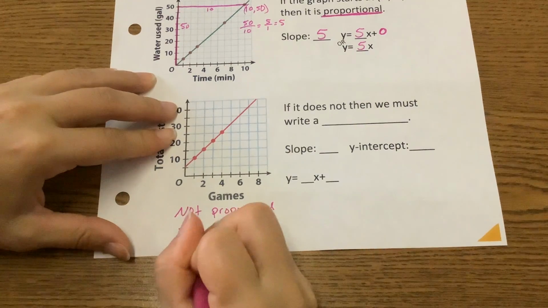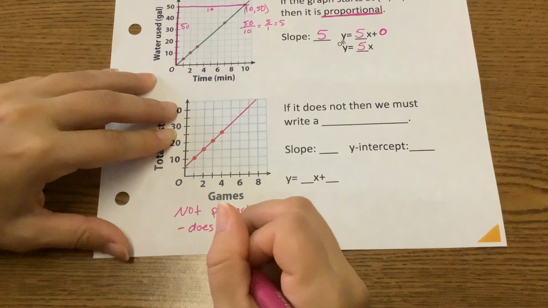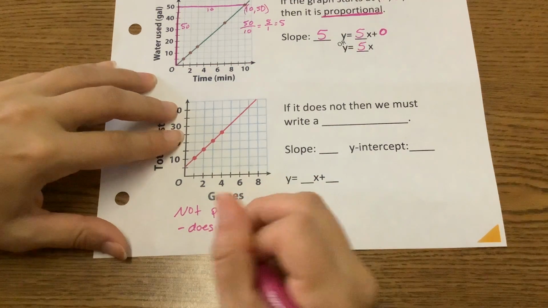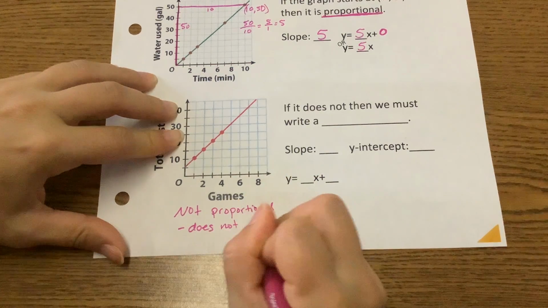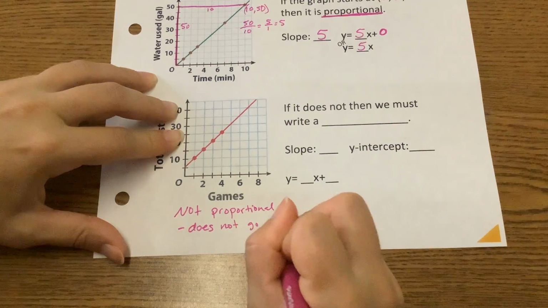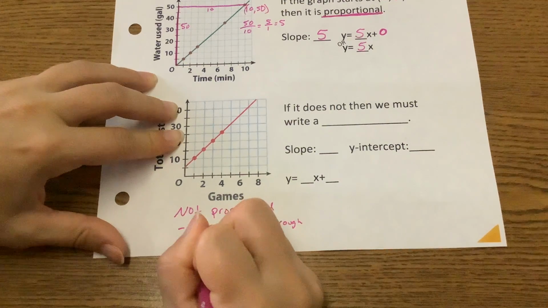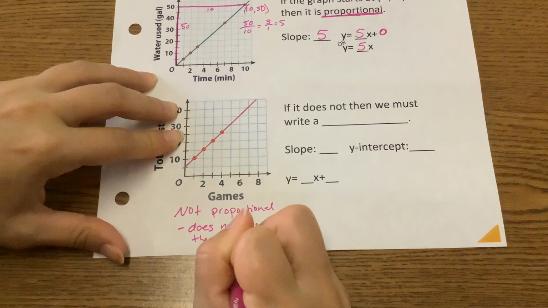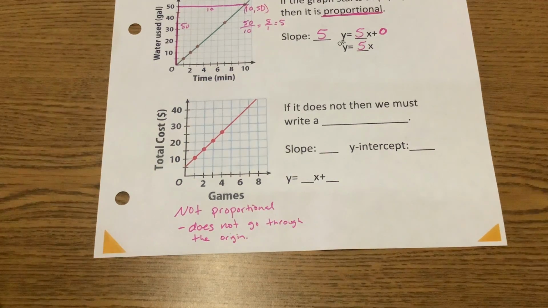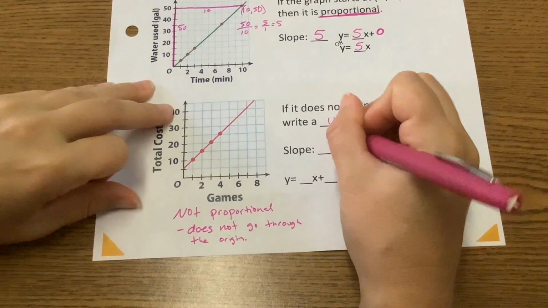And that means it does not go through the origin, which means that we can't just divide the y and the x in any ordered pair. All right, so if it does not go through the origin, then we must write a y-intercept.